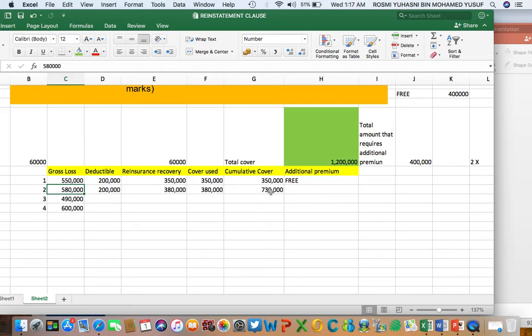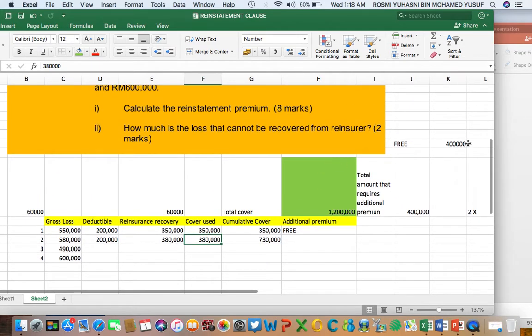Remember how much in total the insurer has for that year? 1,200,000. So far they have been using 730,000. So do they have to pay additional premium for this cover used? Remember, the first 400,000 is free.